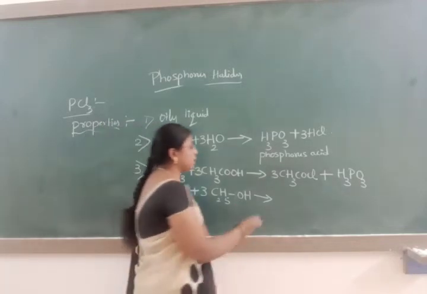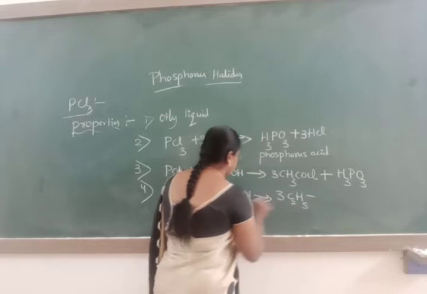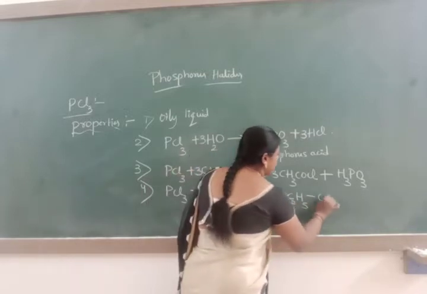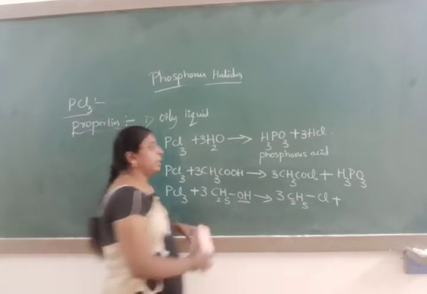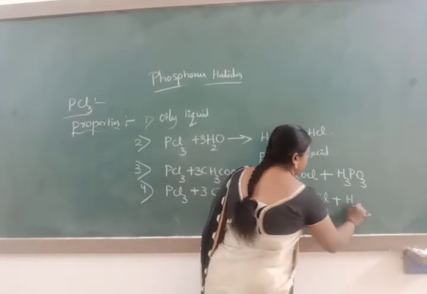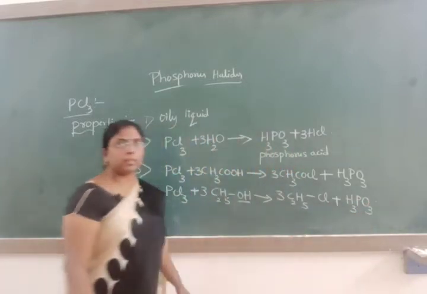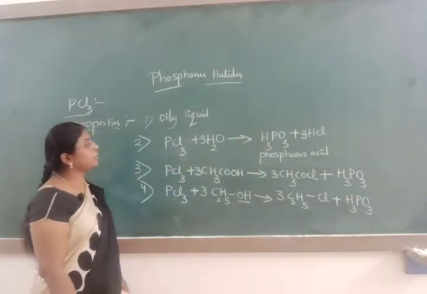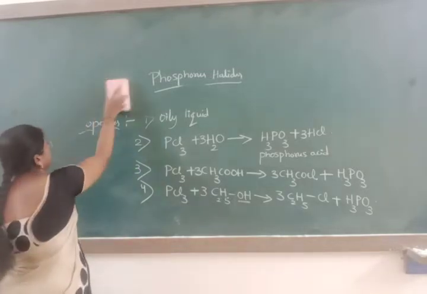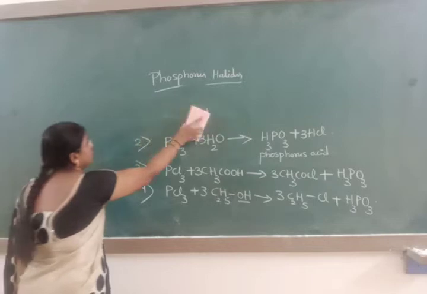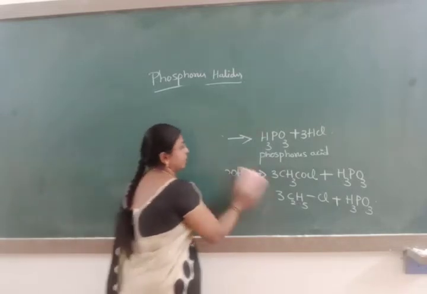It will form ethyl chloride, and the remaining is H3PO3. These are the properties of PCl3. We have learnt the laboratory methods, structure as well as the properties of PCl3.